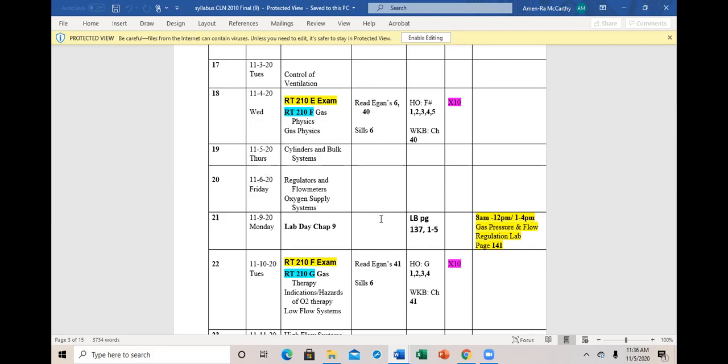We're going to learn a lot about that tomorrow, so make sure you're live at least or here on campus, because tomorrow I'm going to demonstrate the proper procedures for the E cylinder and the H cylinder. Tomorrow you're going to learn duration of flow, that formula to tell me how long Mr. Johnson has at the casino before he runs out of oxygen, right? You'll have to be able to do one of those as well for your lab.